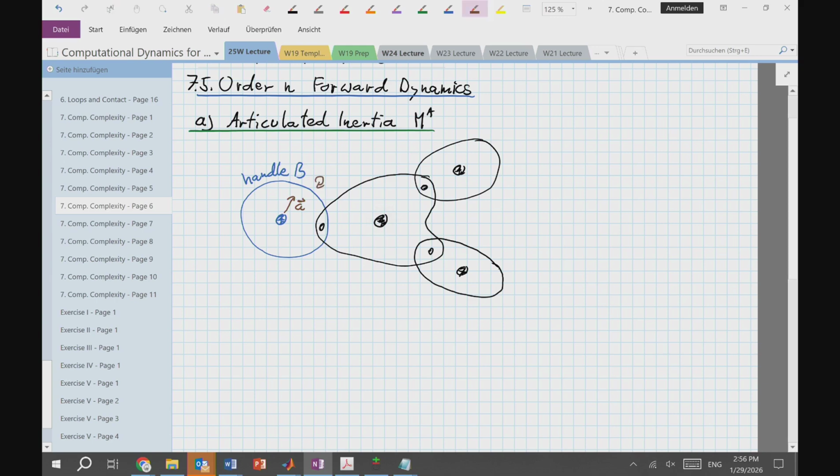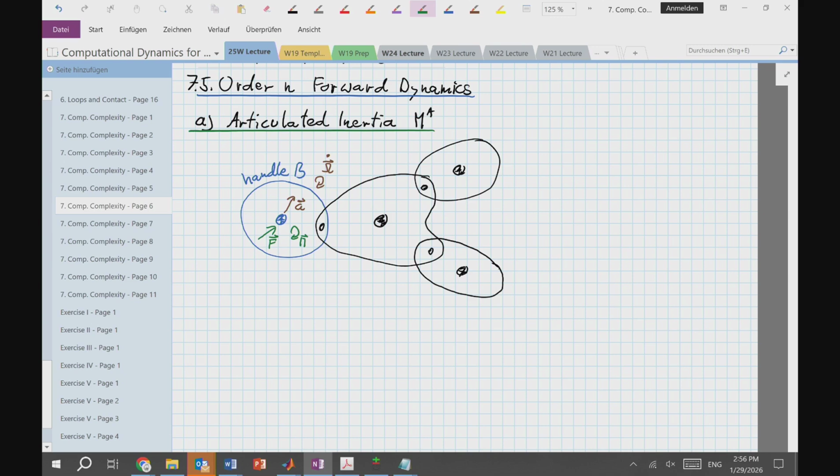And of course, since this is 3D, you can also apply a rotation. And the question I ask is, in order to generate that acceleration of the handle, what force and what torque, F and M, do you have to apply?